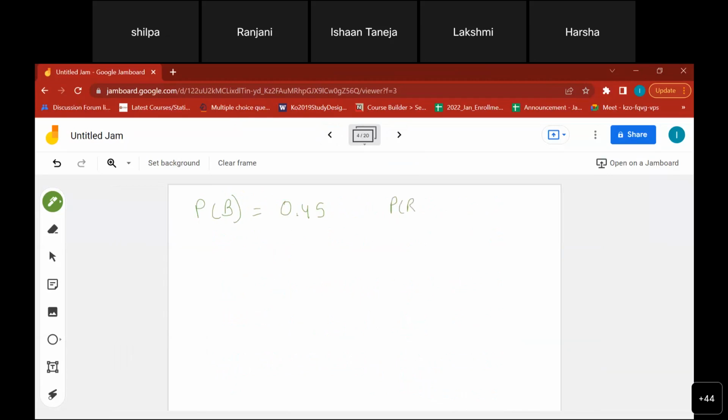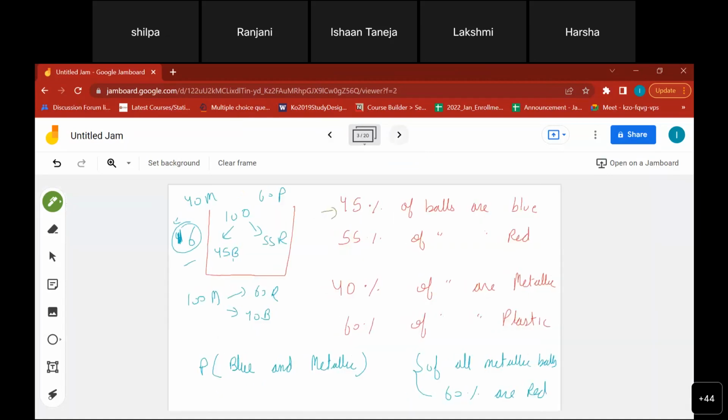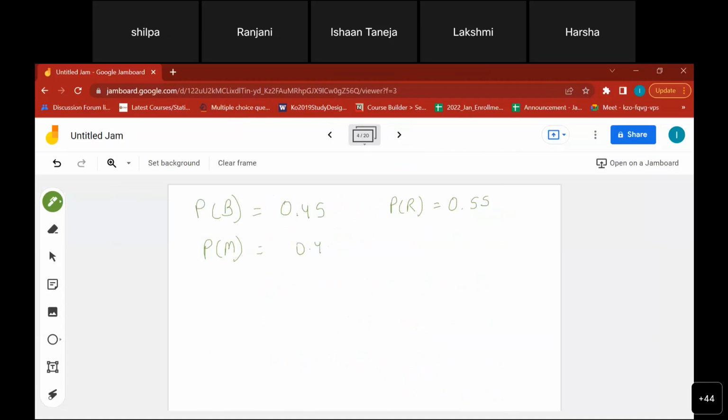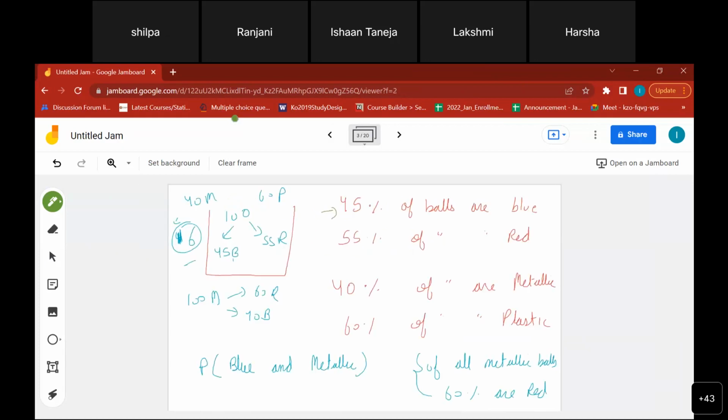Probability of drawing a red ball is 0.55. Probability of a metallic ball would be 0.40. Probability of a plastic ball would be 0.6, right? Now, of all the metallic balls, 60% are red.